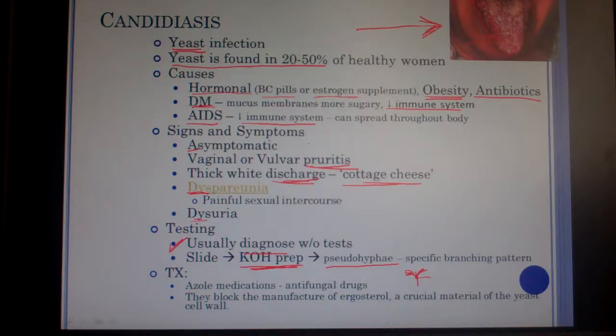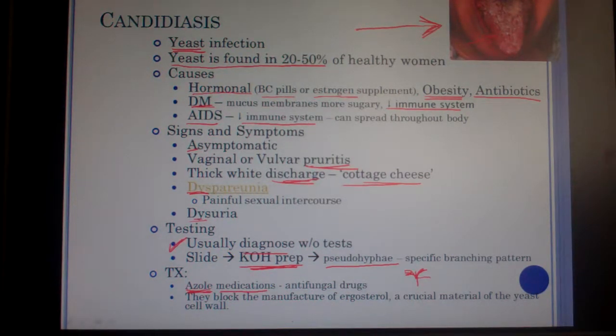If any kind of fungus or yeast gets into the body, then azoles, drugs that have the word azole in them, and there are plenty of them, will treat it. If it's gone into the bloodstream, then there are medicines you can take that will get rid of it in the bloodstream, and of course there are topical medications also.